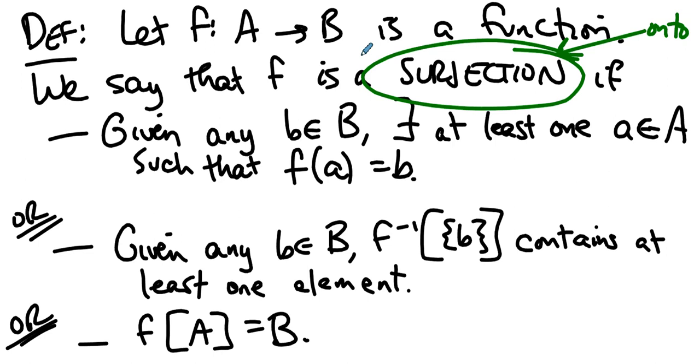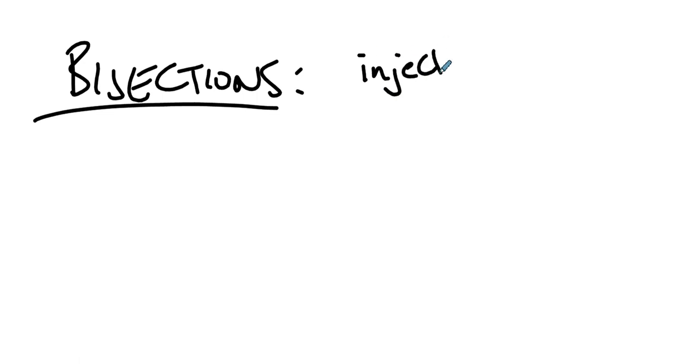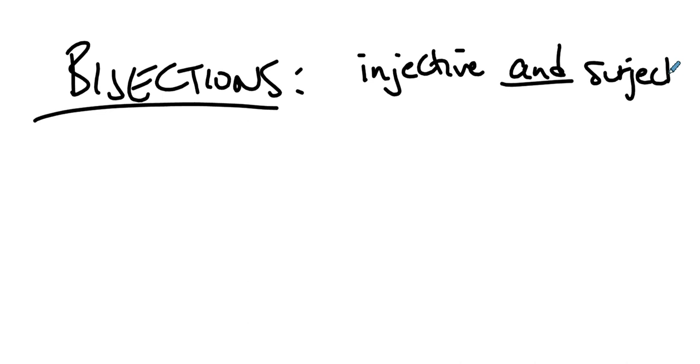So why do we care about injections and surjections? Well, we don't really. We care about bijections, and bijections are injective and surjective. They are one-to-one and they are onto.